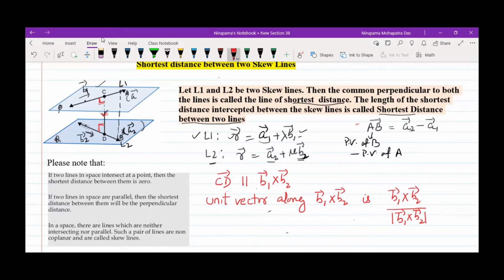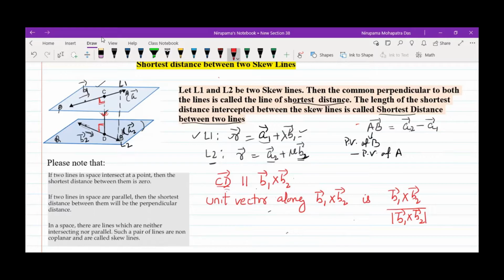As we know, B1 cross B2 is perpendicular to both B1 and B2. Clear? So the magnitude of CD is what we need, and the direction of CD will be along B1 cross B2.